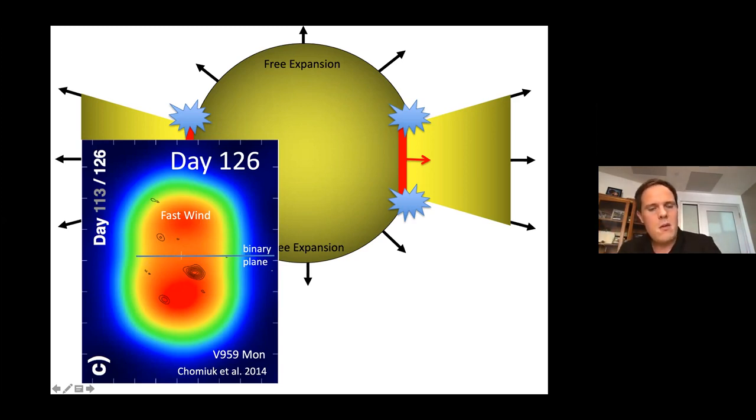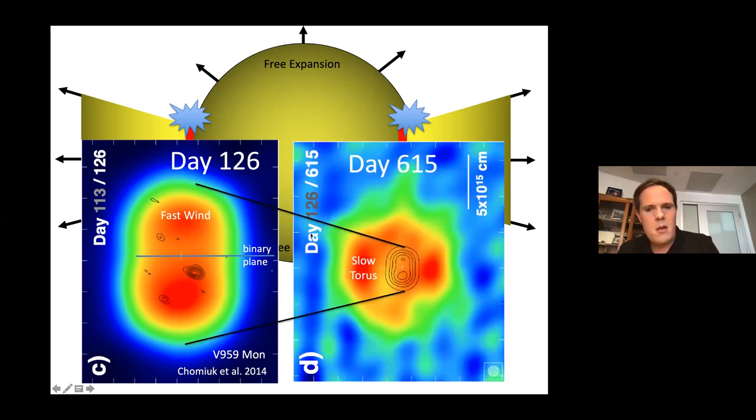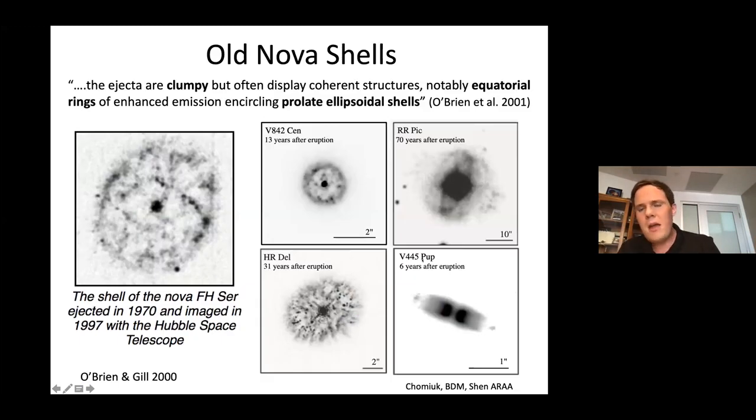This is Laura Chomiak's very nice work. But then as you wait a little bit, this fast component dissipates, and now you see this slower equatorial component, which is substantially clumpier, coming out a little bit later. And we have other spectroscopic evidence supporting these two components of ejecta that I think Elias will describe. This is, again, work that's been done for many years by many people.